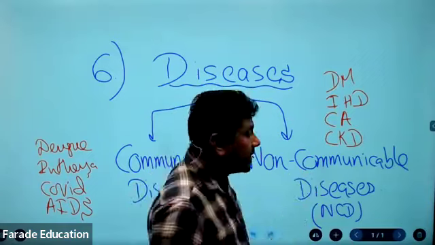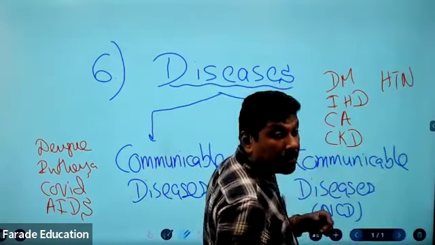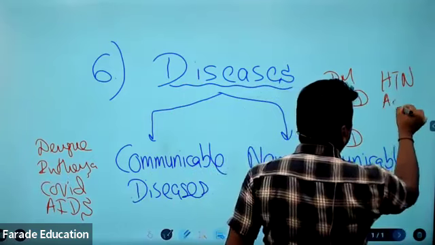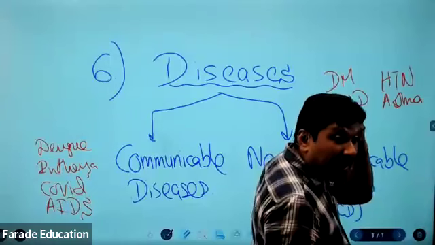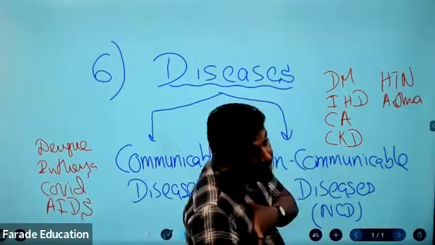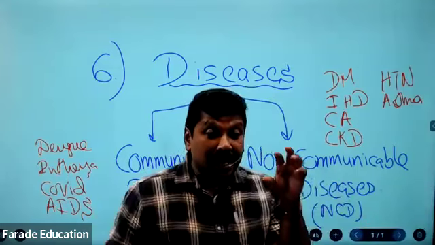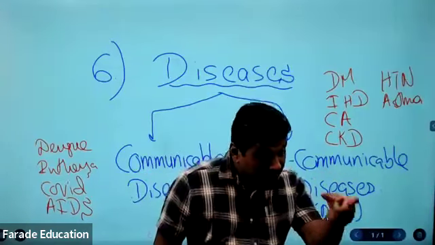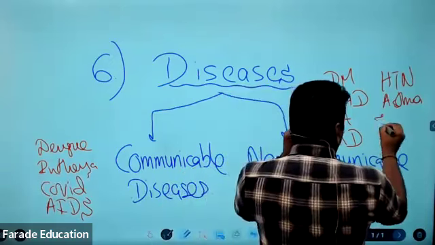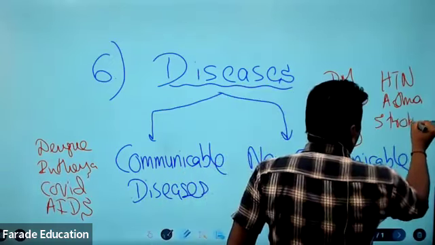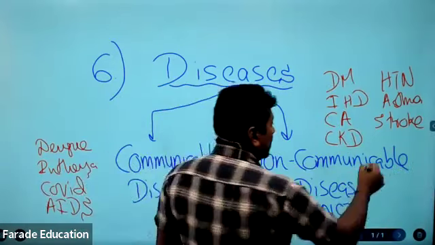Pressure, right? So that is hypertension, asthma, yes, and stroke, paralysis. Patients getting paralyzed either left side or the right side. The lay term is paralysis. The medical scientific term is stroke, right? Gastritis, all these things.